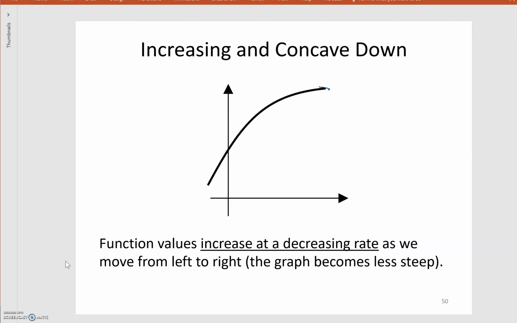An increasing concave down function, on the other hand, we would say is increasing at a decreasing rate. And a decreasing rate means that the rate is approaching 0. So it's flattening out.